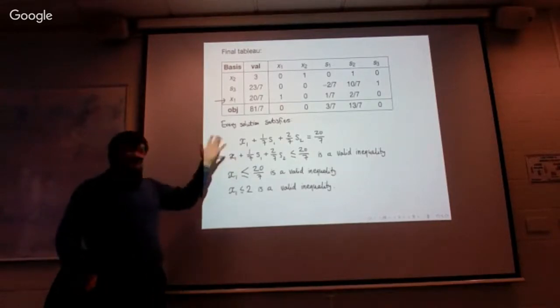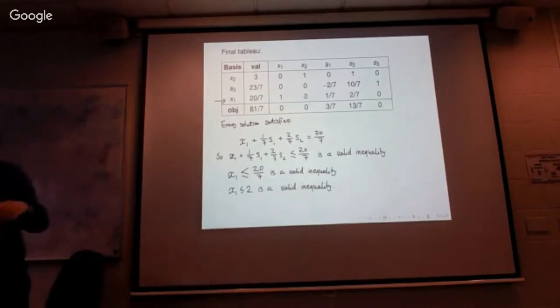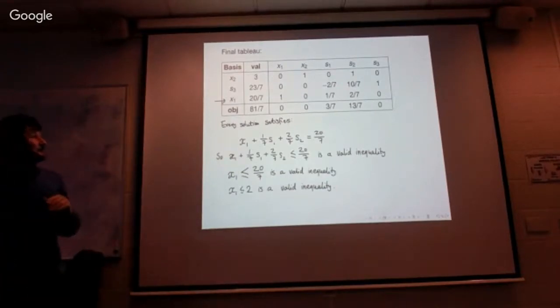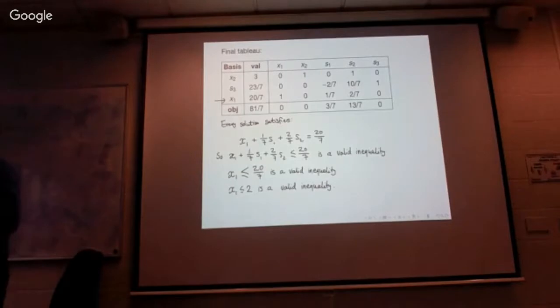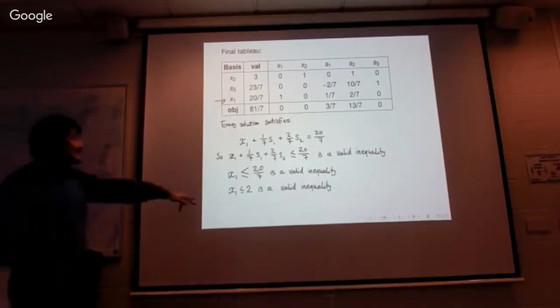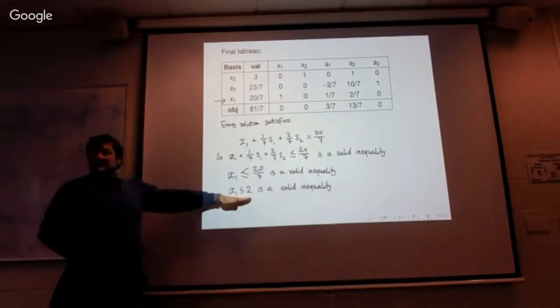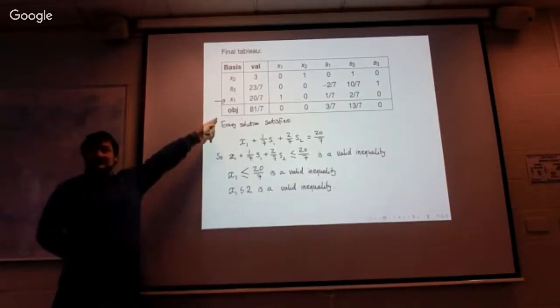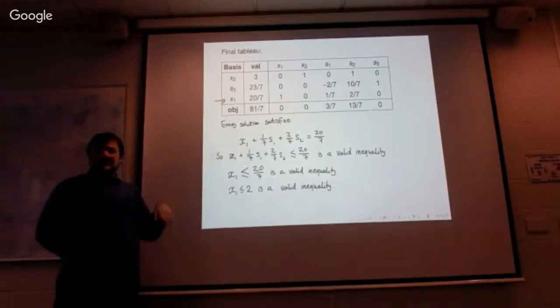You don't have to do it now because you get it from the tableau like that. So once you get it, if you're trying to solve it just by these cutting planes, what you do next is add this as a constraint into that tableau. That goes back to how we were adding a new constraint into an optimal tableau.